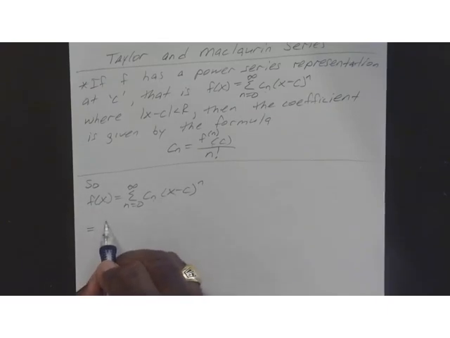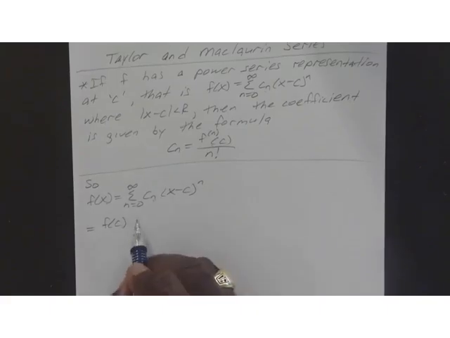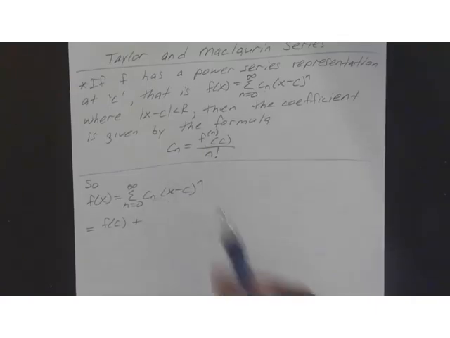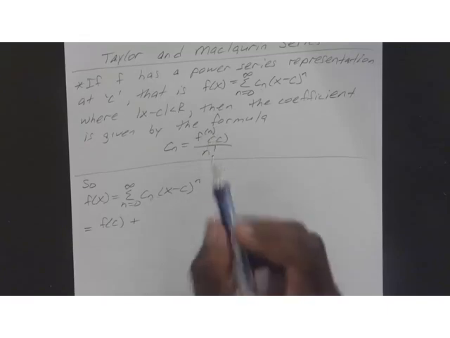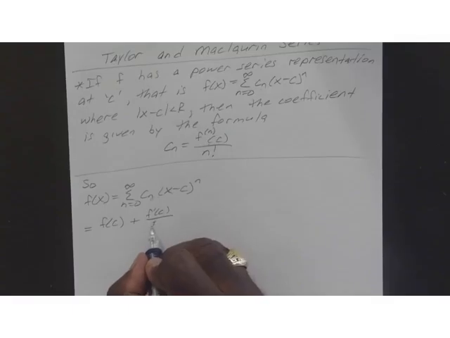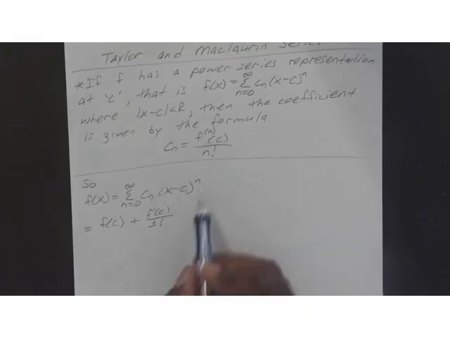Okay, so that's just your f of c. Plus, if you have n equal to 1, then that's your first derivative, f prime of c, divided by 1 factorial times x minus c to the first power.